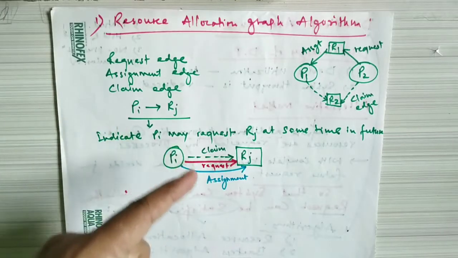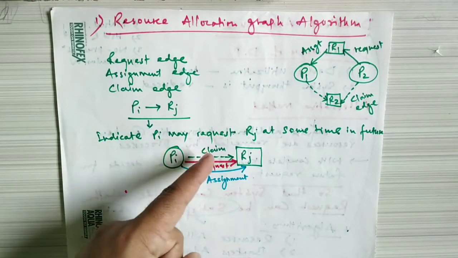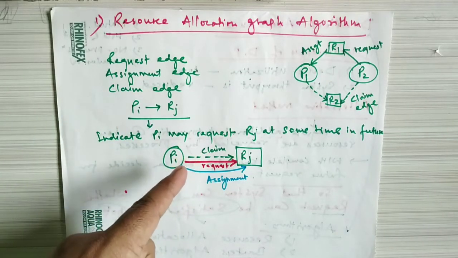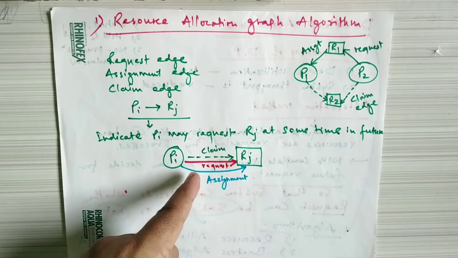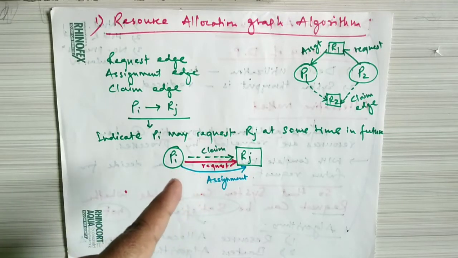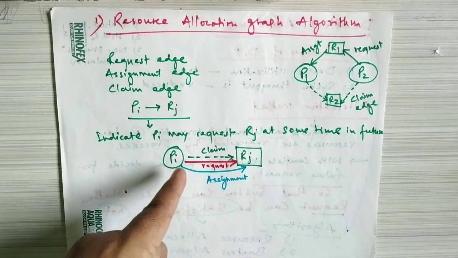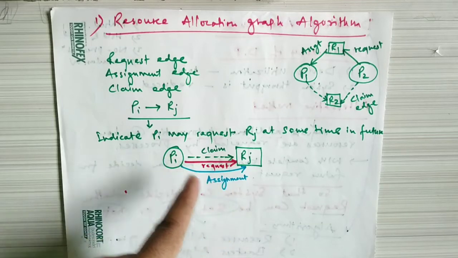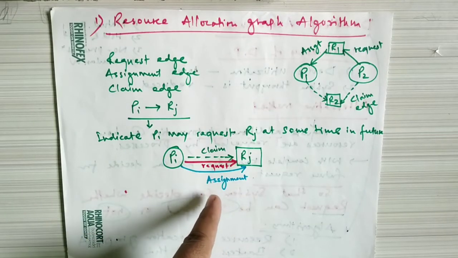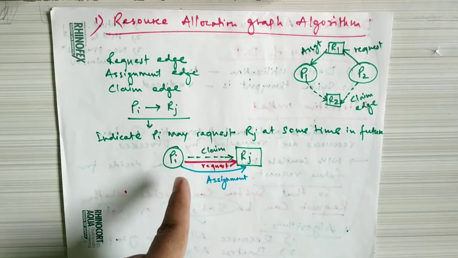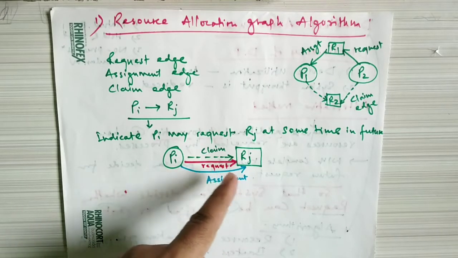See how things are going on. First it has a claim; after the claim, if it has a request, it becomes a solid line called the request edge. After requesting, if the request is fulfilled, it is converted into the assignment edge. After assignment it will start execution and use the resource.